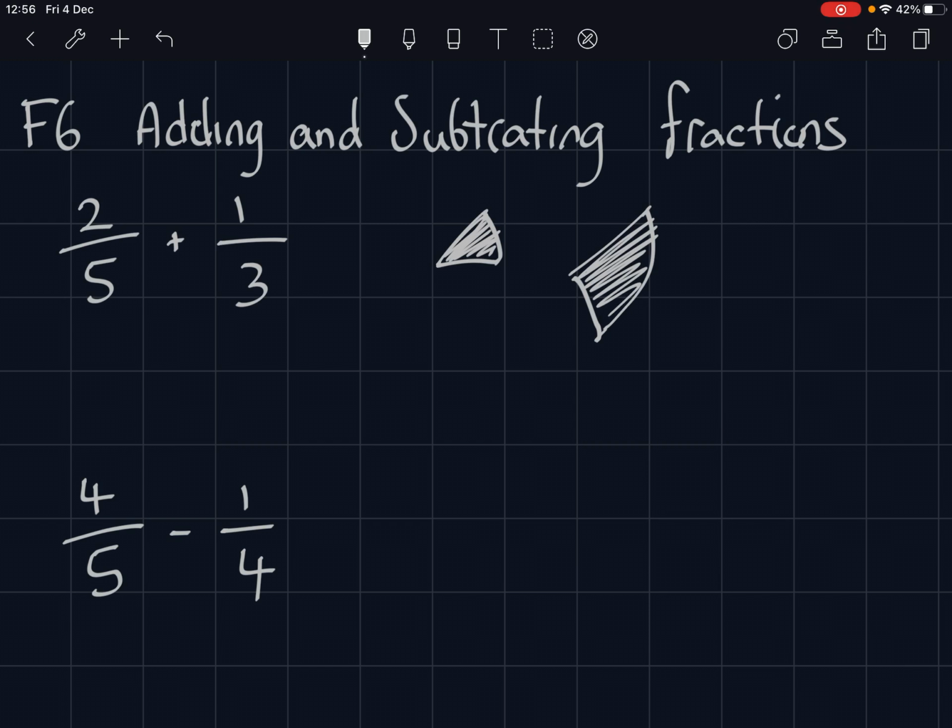So they are not the same, so you can't add them together because we don't know what we're adding. They're different. So what we have to do is try and make it so that the pieces are the same. We might have more of one still, but we can put them all together and find out how many there are. So that's what we're going to have a go at doing.